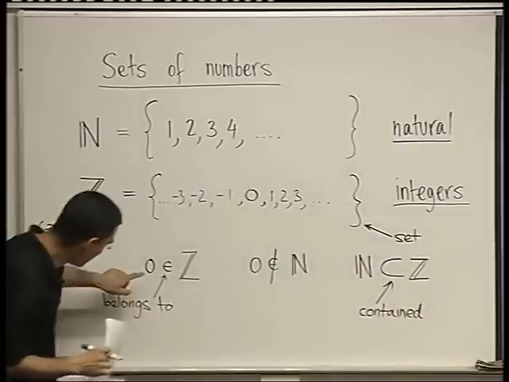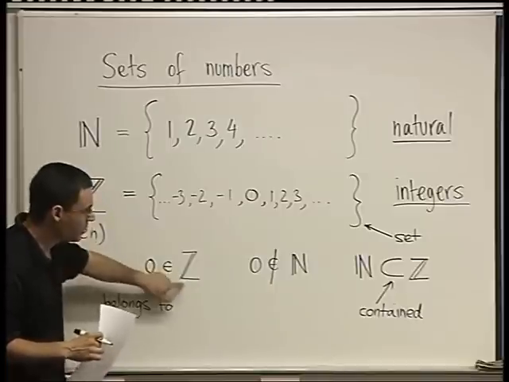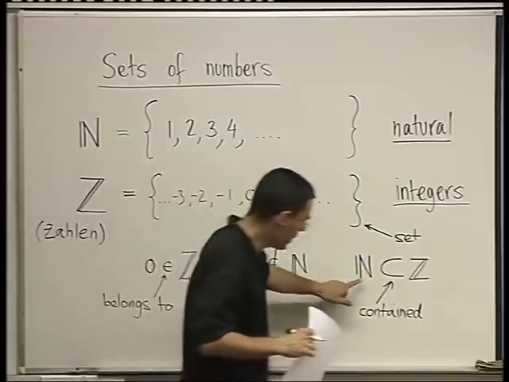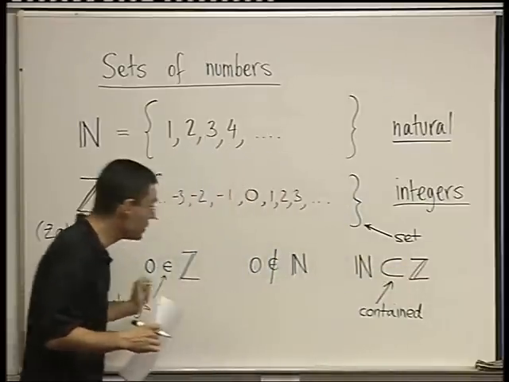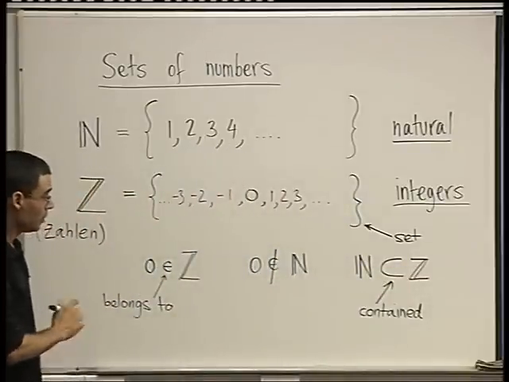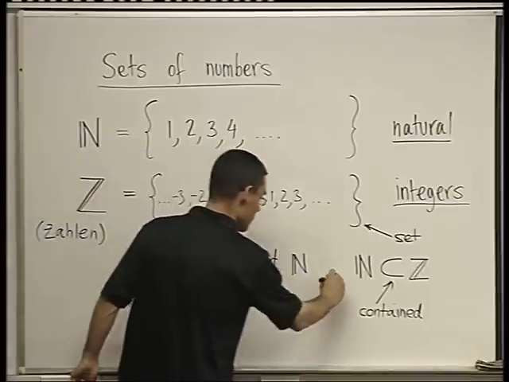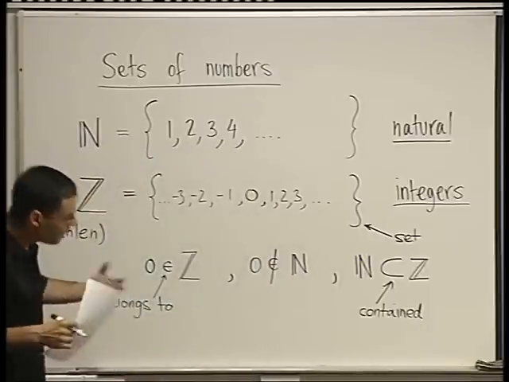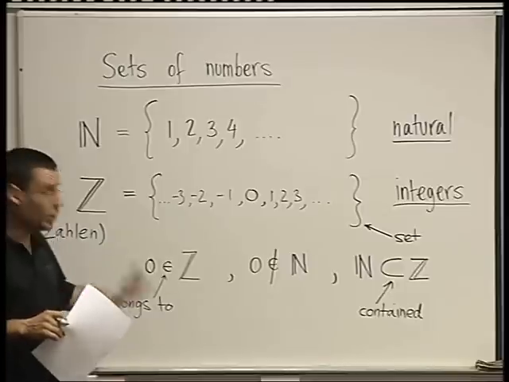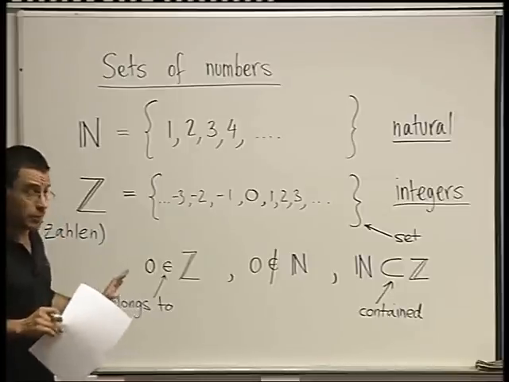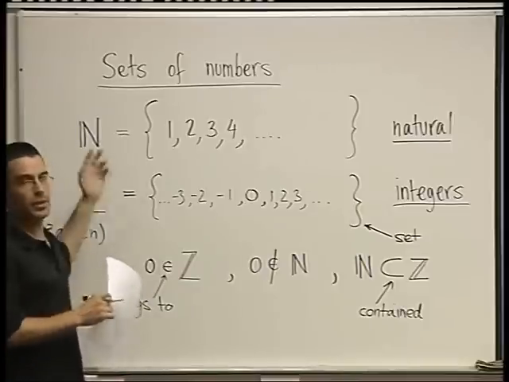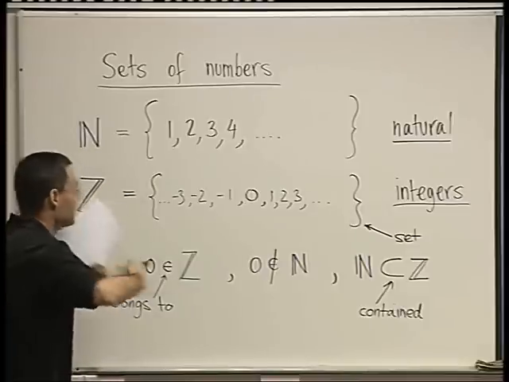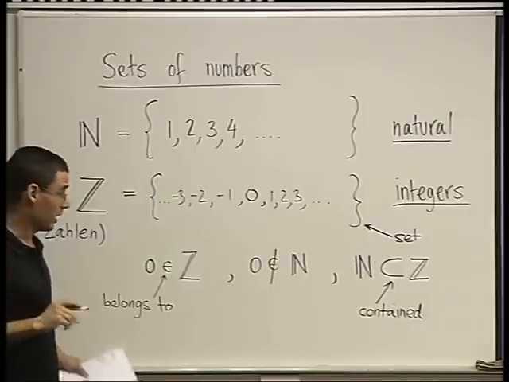So here we have an element that belongs to a set, and here we have a set that is contained in another set. Okay, do you see the difference between these two notions? This is just a bit of notation which we will pick up as we go along and gradually get used to. It takes time, but once you get used to it, it's so natural that you don't even give it a second thought.